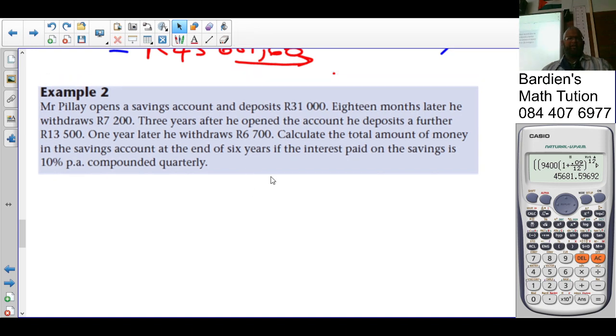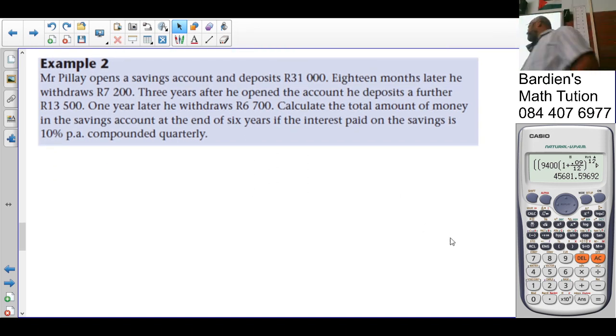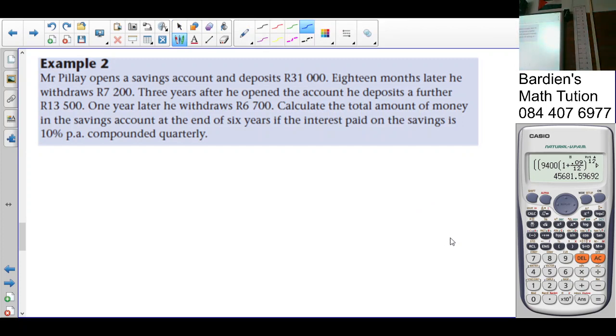Right, so now we're looking at example 2 on page 379. Okay. So we are told that Mr. Pillay opens a savings account and deposits 31,000 rand.